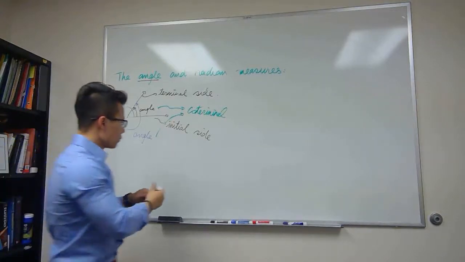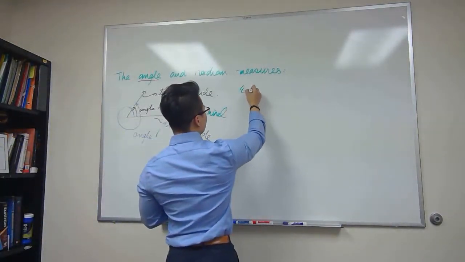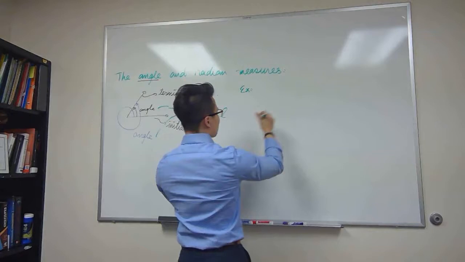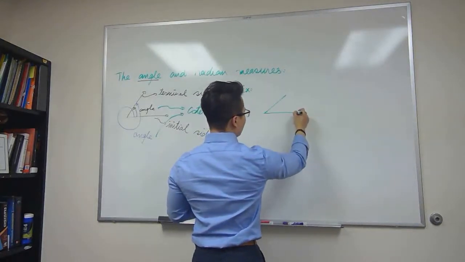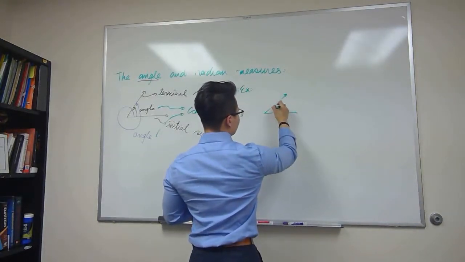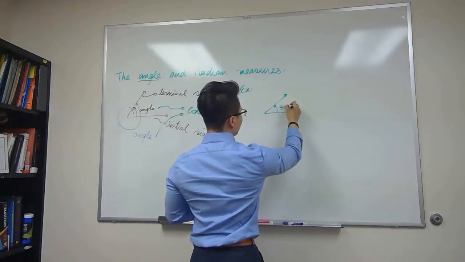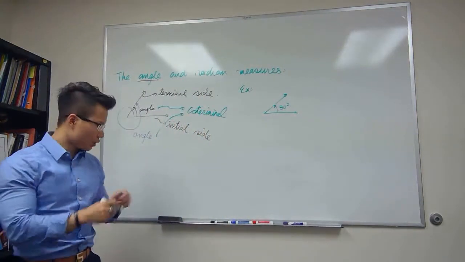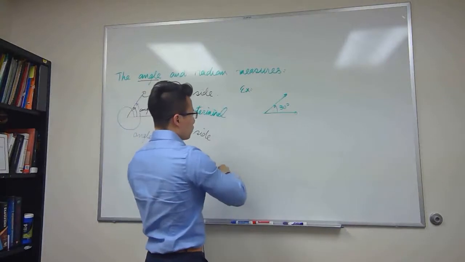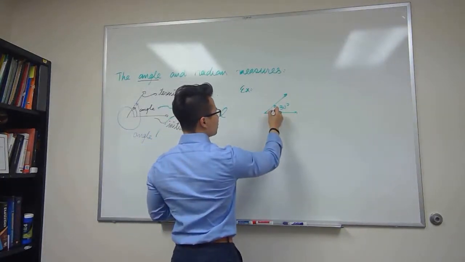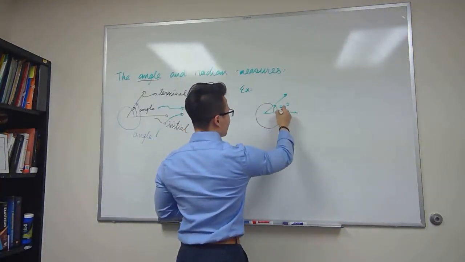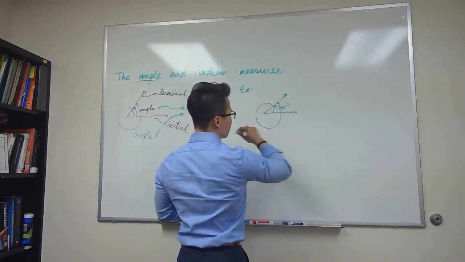Okay? So a very nice example in here would be if we're starting at 30 degrees. Okay, so we're starting with 30 degrees, and then we do a full rotation, then get back to the same degrees in here.